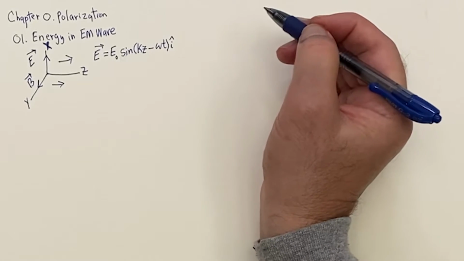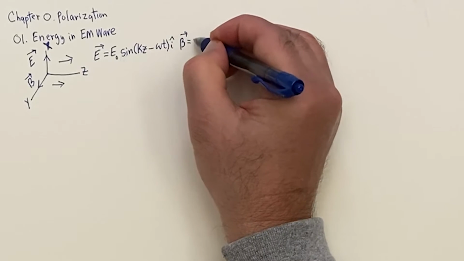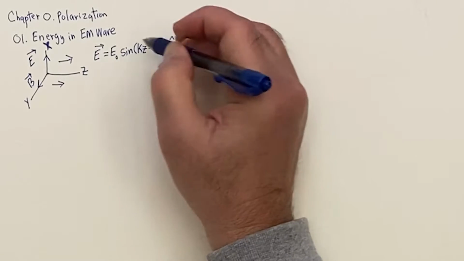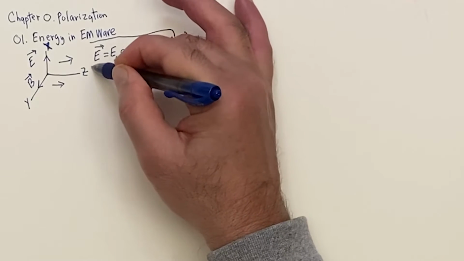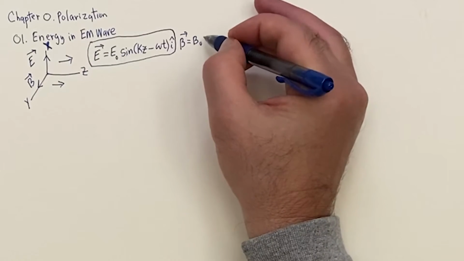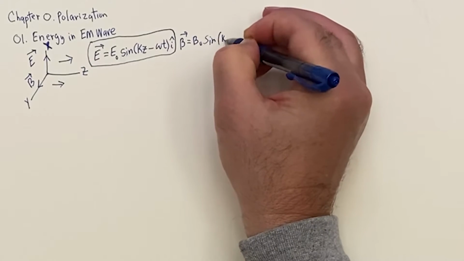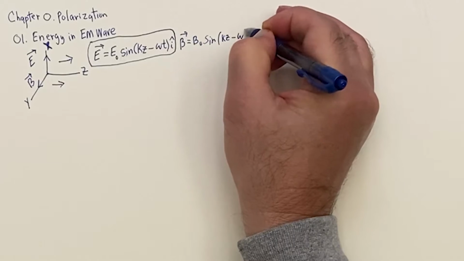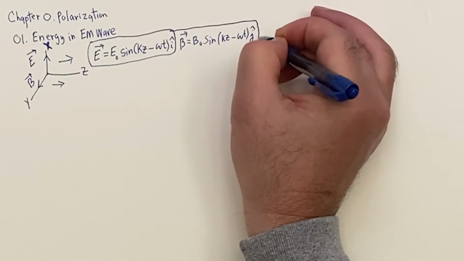And then B is B naught sine of kz minus omega t, and we could isolate that.